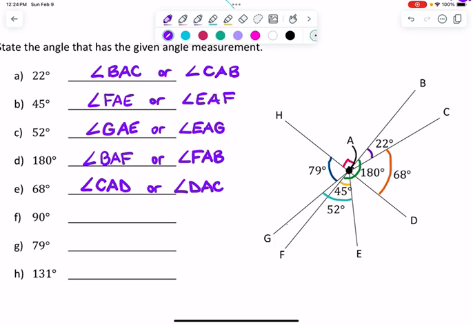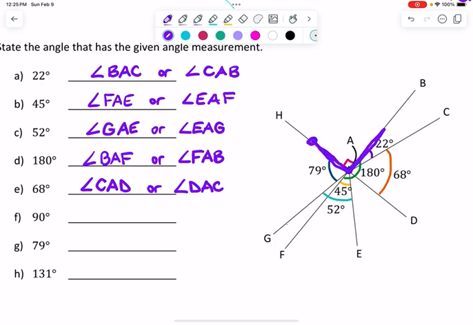90 degrees. Now I'm looking and going, hey, I don't have a 90-degree number anywhere on my diagram, but I can see this small square marking, right? And we talked about right angles or 90-degree angles are indicated with that small square marking.